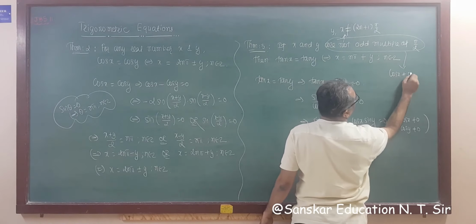But we have to find the principal solution, meaning possible values of x that lie between 0 to 2 pi, meaning after completing one rotation, right? So sin x is root 3 by 2. Sin is root 3 by 2 for sin 60, that is pi by 3. But this is given as a plus value, meaning all possible values.